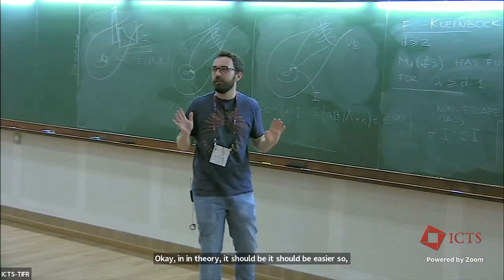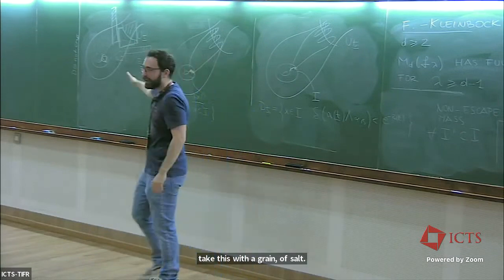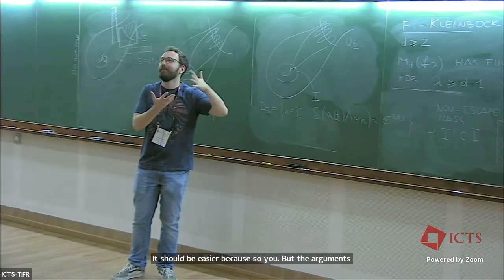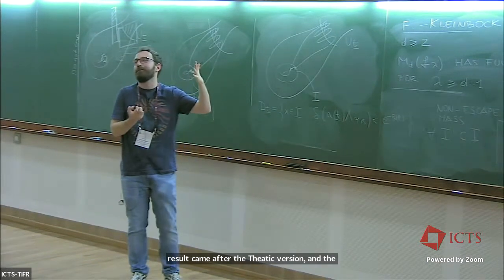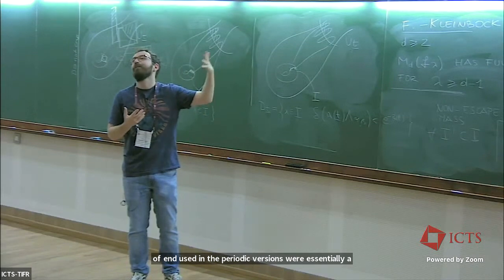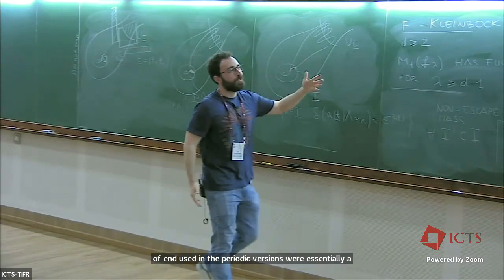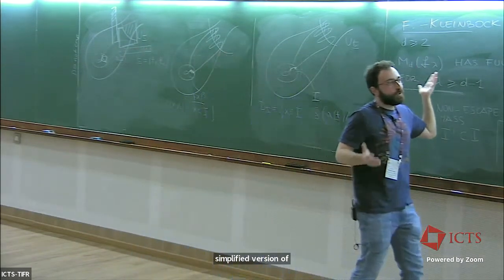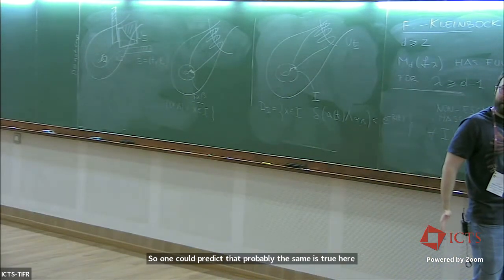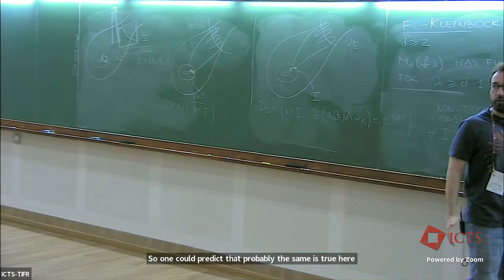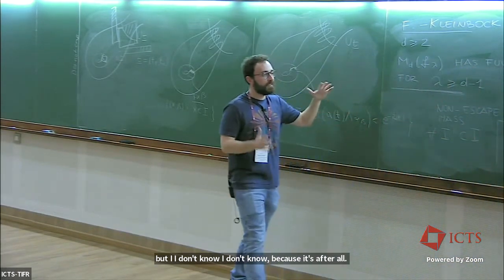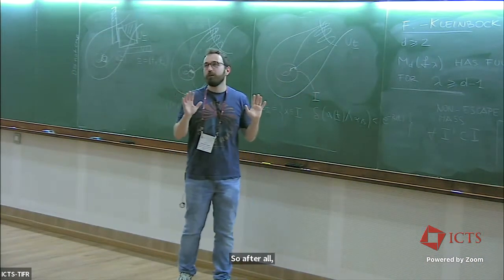It should be easier because Badziahin's result came after the p-adic version, and the methods used in the p-adic versions were essentially a simplified version of what he used in the global version. So one could predict that probably the same is true here, but I don't know, because after all, dynamics here plays a role only to a certain extent.